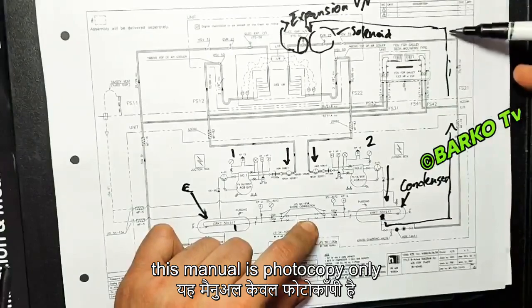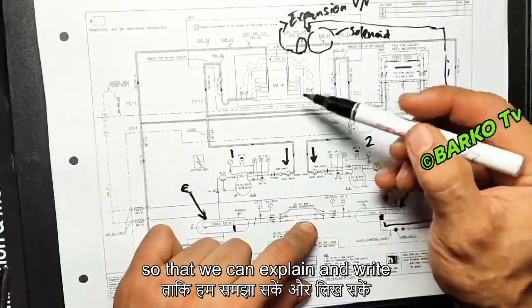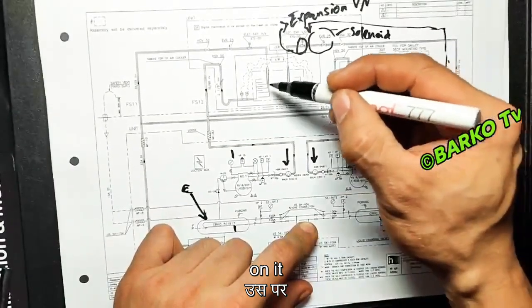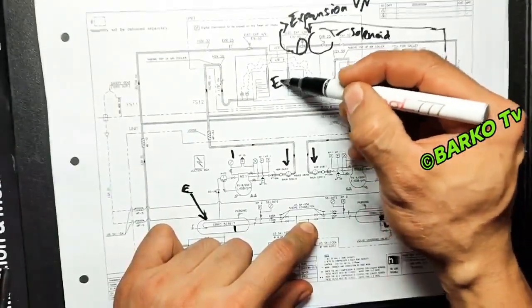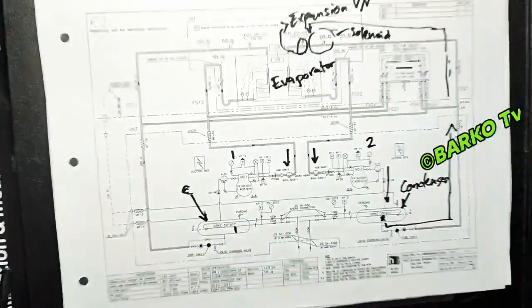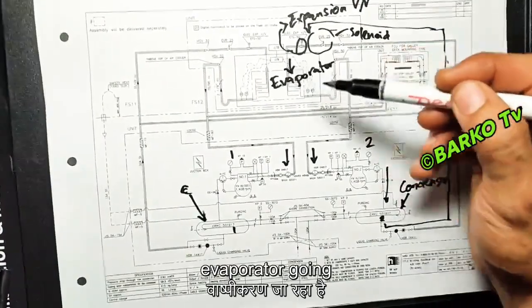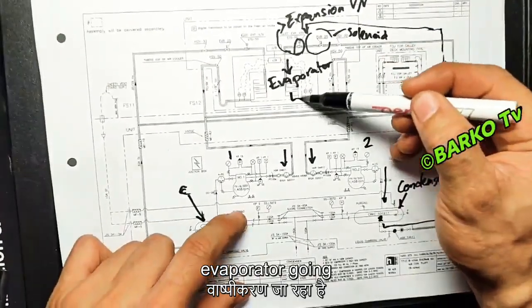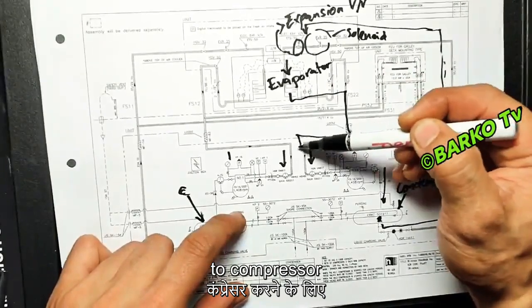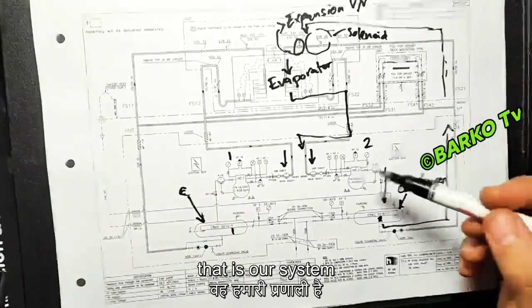This manual is photocopy only so that we can explain and write on it. This is the evaporator. Evaporator going to compressor. That is our system.